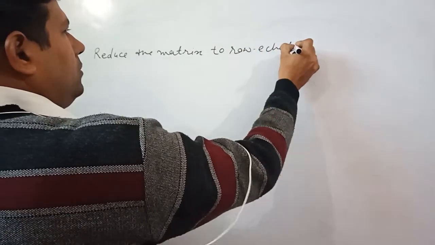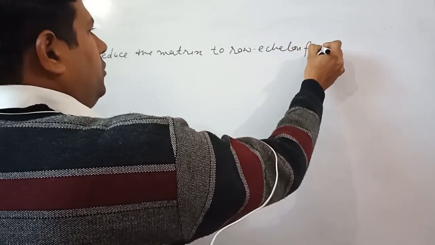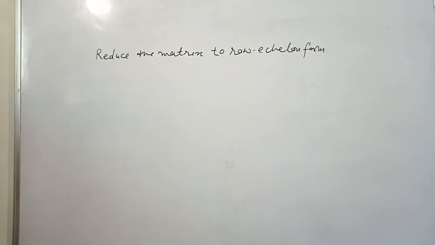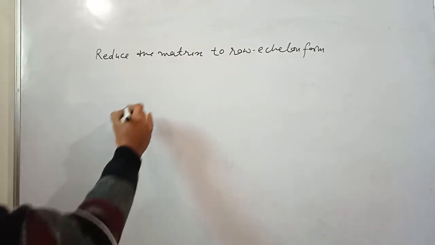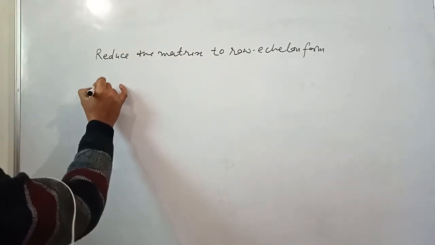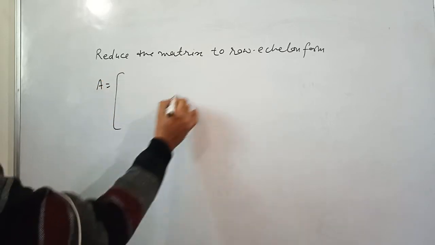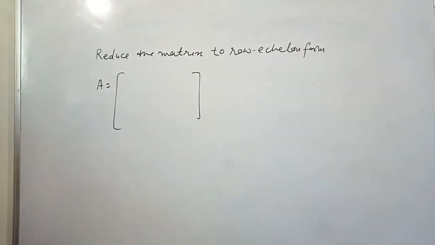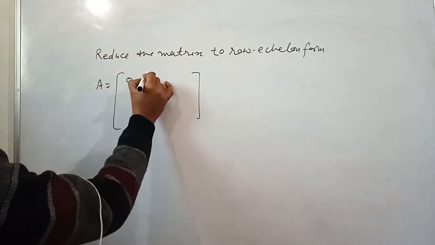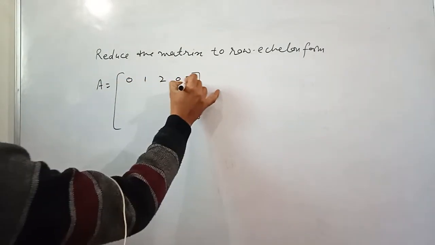So matrix A is equal to: first row is 0 1 2 0 3.